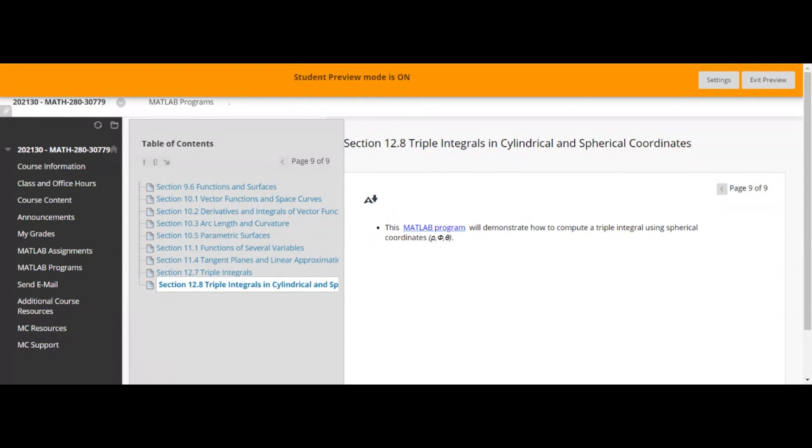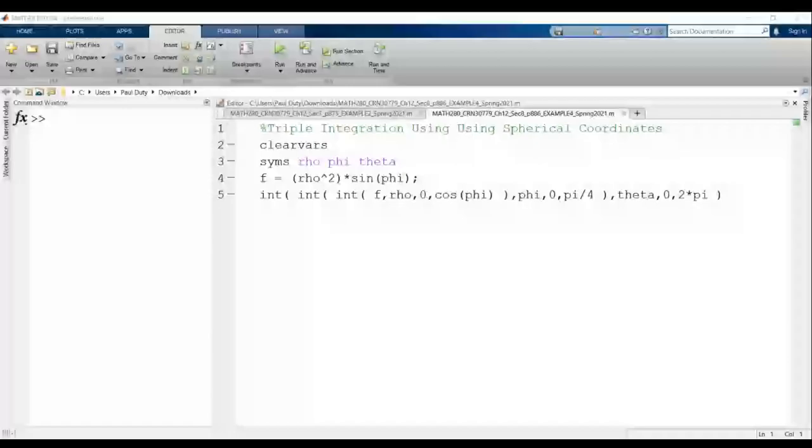Okay, and let me go into the application. So here's the program. This is triple integration using spherical coordinates. And of course, class, for cylindrical coordinates, I think you can make up your own code for that.